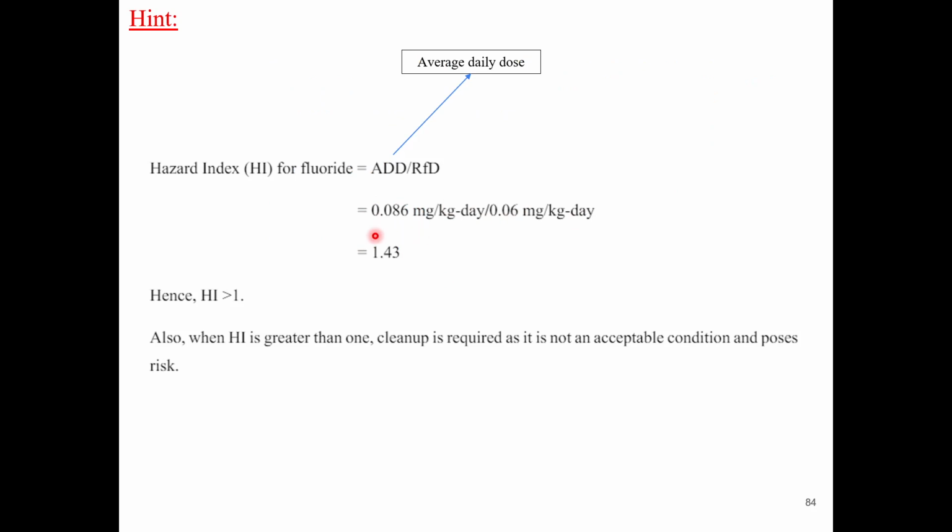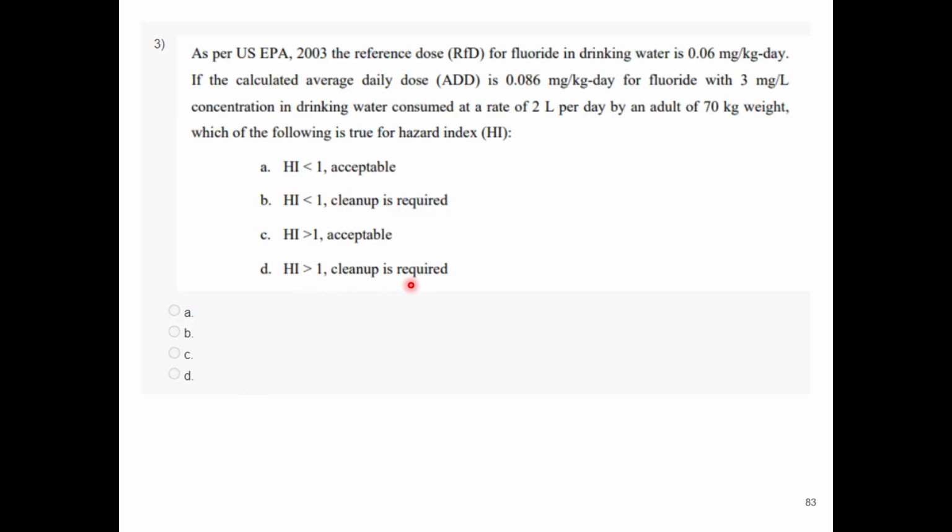So we are getting a value of 1.43. That means HI is greater than 1. When HI is greater than 1, cleanup is required as it is not an acceptable condition and possesses risk. So that means D. Out of A and D, D is the correct option: HI is greater than 1, cleanup is required.